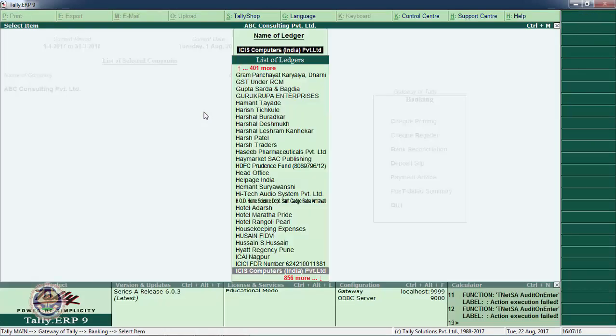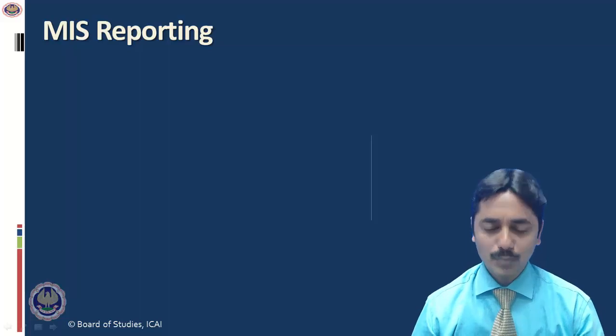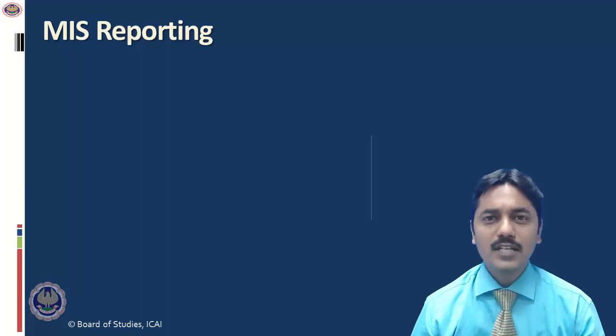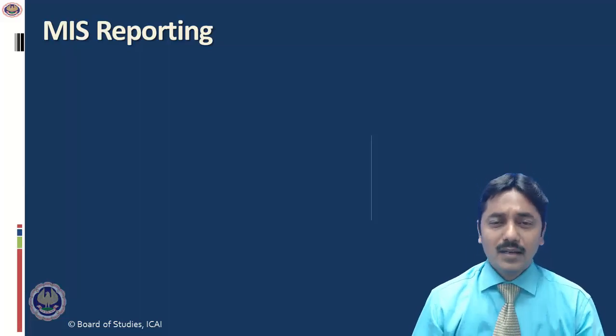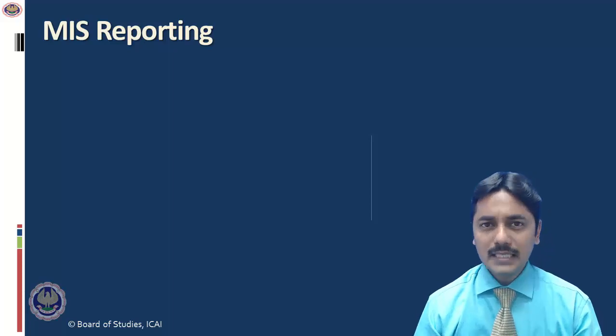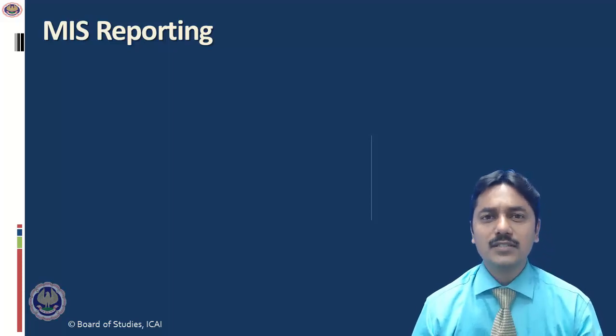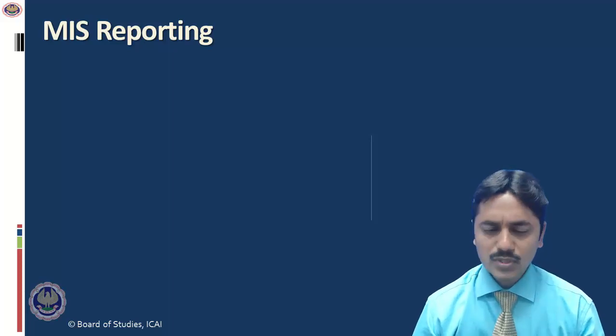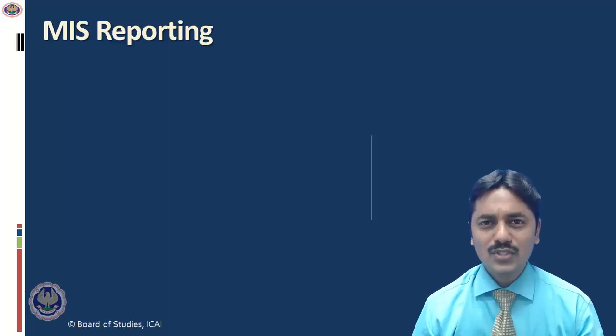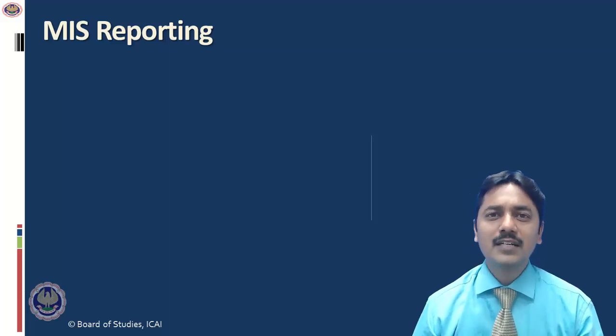I am coming to Gateway of Tally once again. Let us move to the next topic, that is MIS reporting. MIS stands for Management Information System. Management for taking various types of business decisions requires a lot of information on a regular basis. Mostly it is monthly basis. Some information is required on weekly basis, and sometimes it is even needed on daily basis.